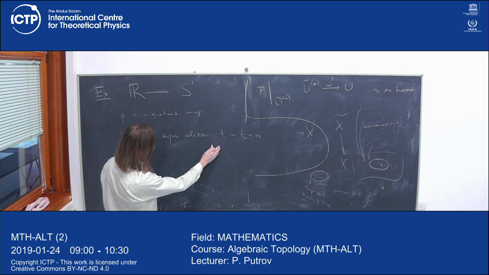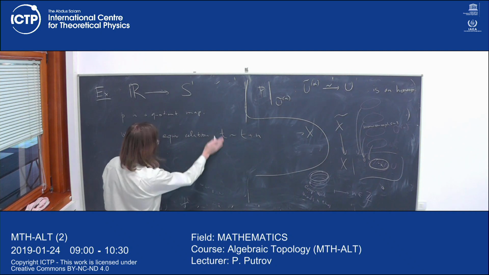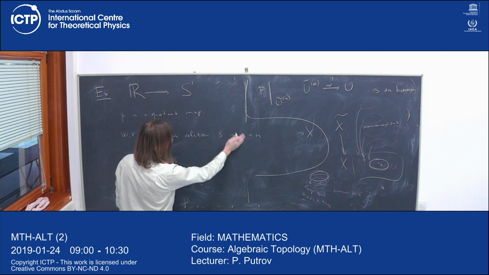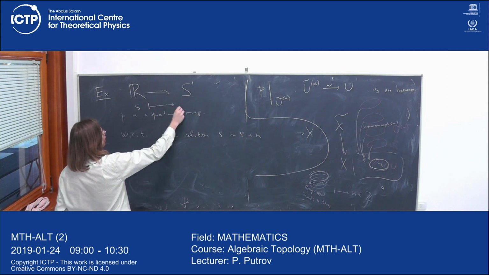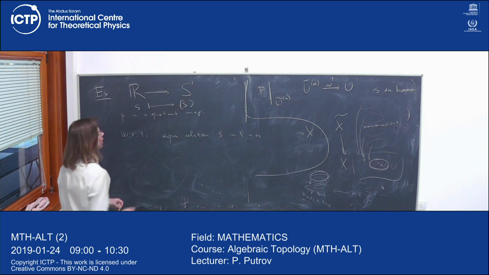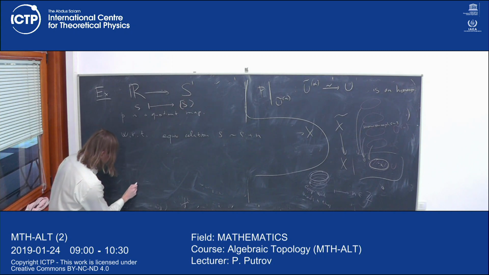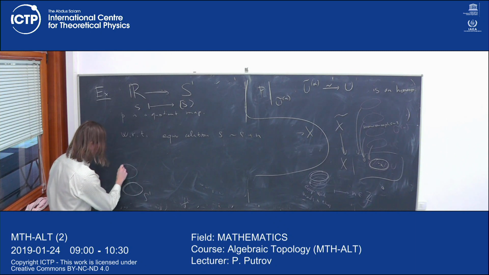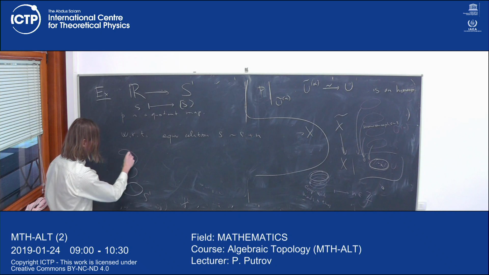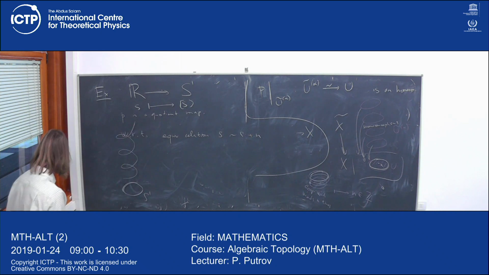I think I want to use variable s here. It's not important. I can visualize this as well. We have S1, and I can represent R as some sort of infinite helix.